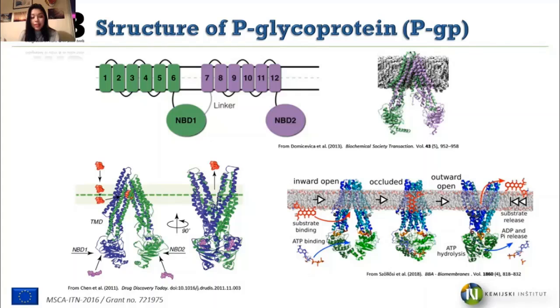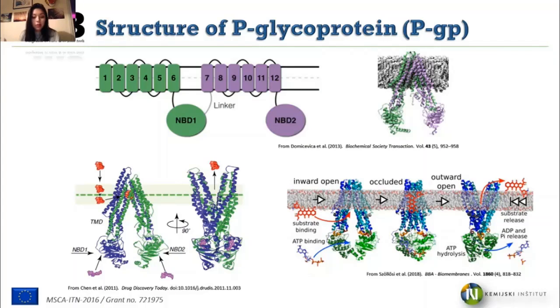The binding of the ATP causes the dimerization of the nucleotide binding domain, so the transporter isomerizes to the outward-facing state, and the drug binding site is rearranged, so the affinity for the substrate is lower, and this results in the substrate's release out of the cell.